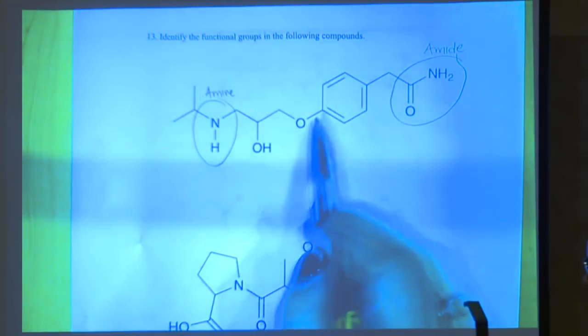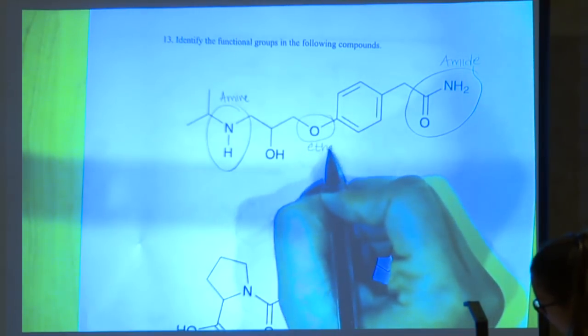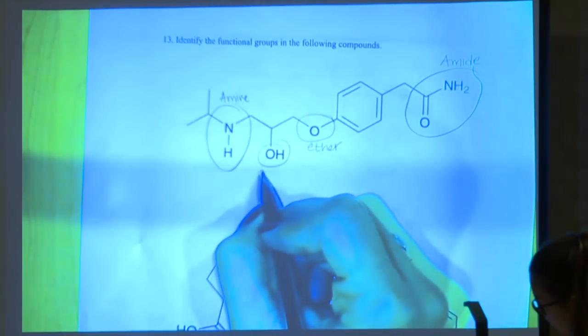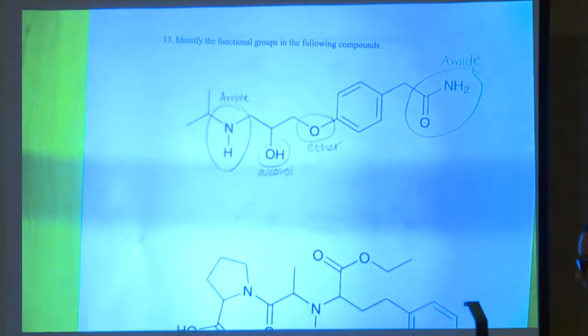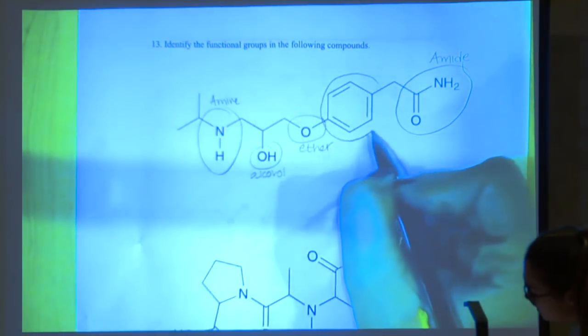Here? Would you guys say that's an ether? Do y'all agree? Okay. I'm sorry? Your favorite? Oh, okay. Anything else? Phenol, good. And how do we spell that phenol?